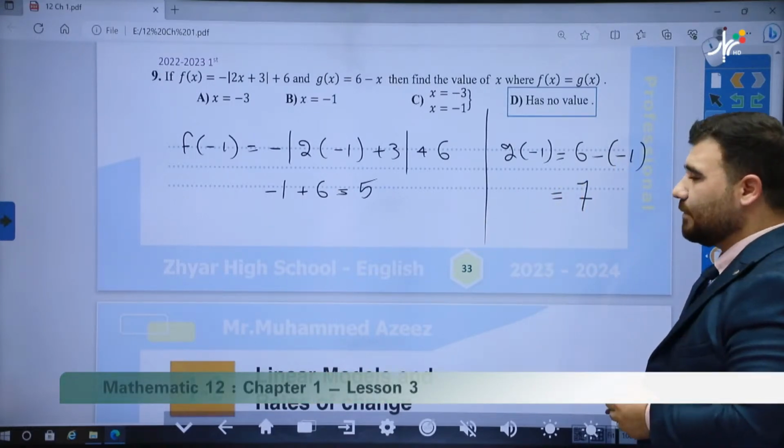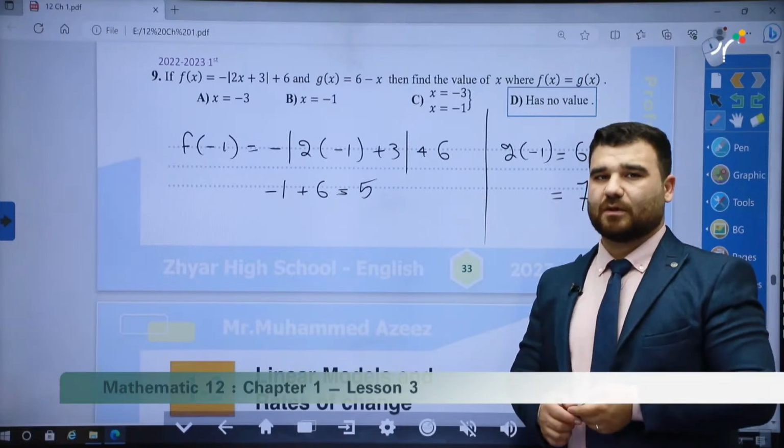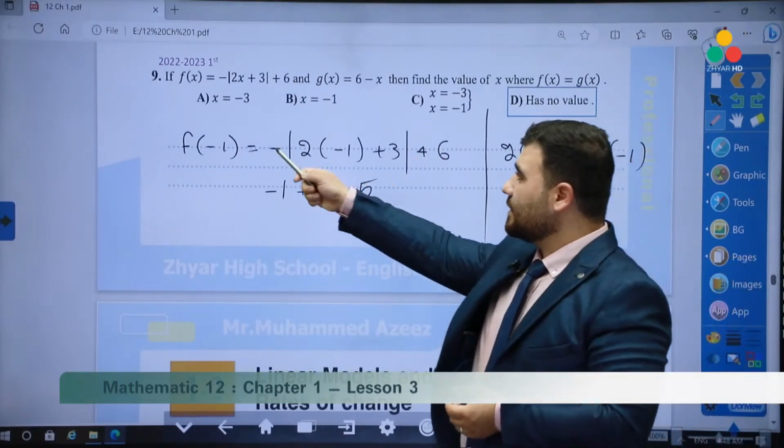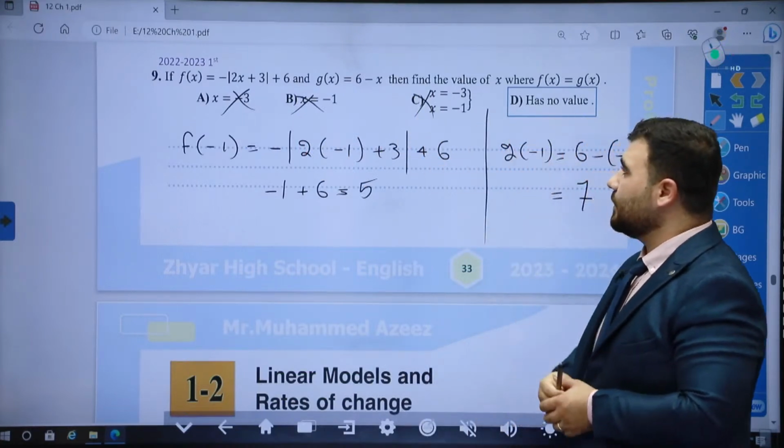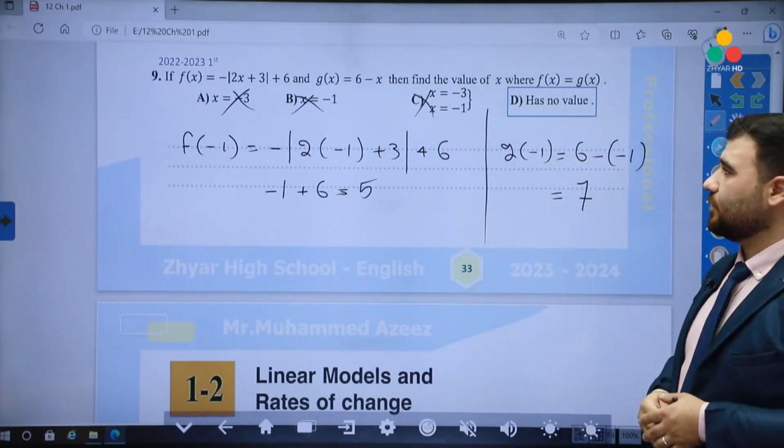Obviously, I don't have same answers. This means negative 1 is also wrong. This makes A, B, C, all of them wrong. What's remaining is D. This has no solution.